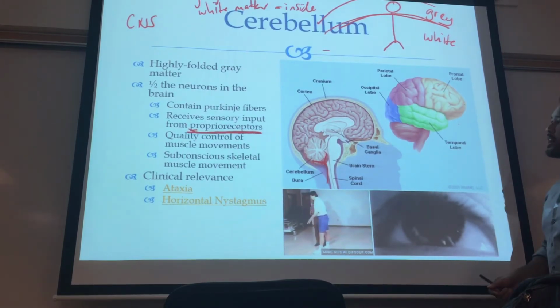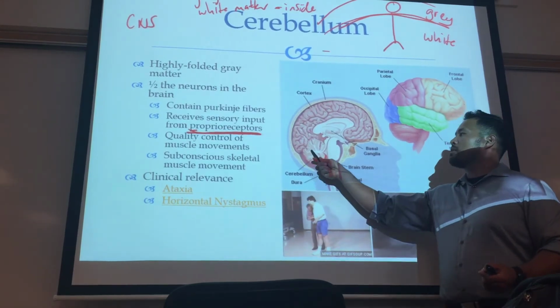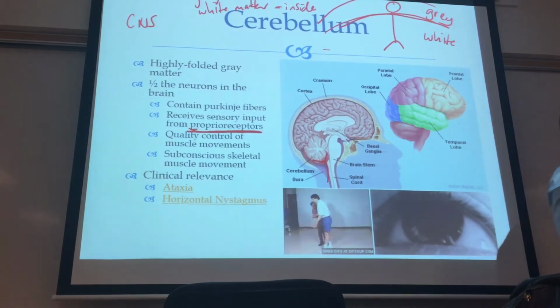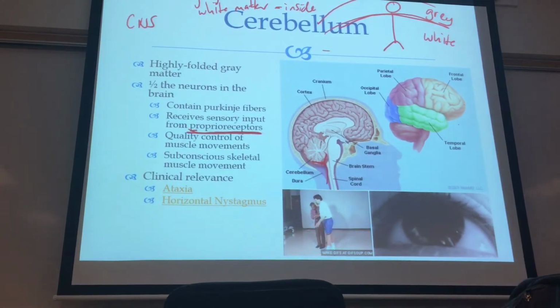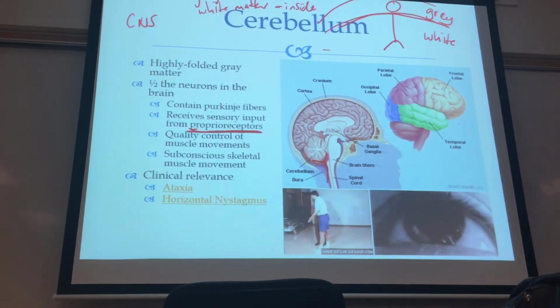Okay? So sensory information is sent to the cerebellum, the cerebellum is going to correct that information and send it back out. Hence the subconscious skeletal muscle movement. So what you would typically see is that the cerebellum helps maintain fine movements.